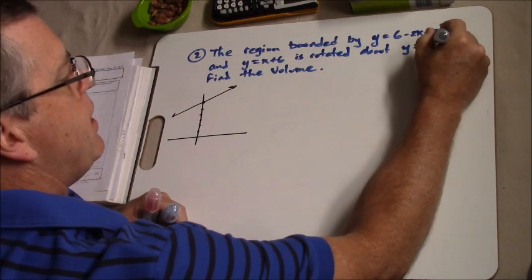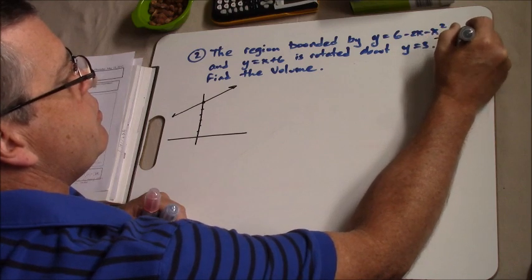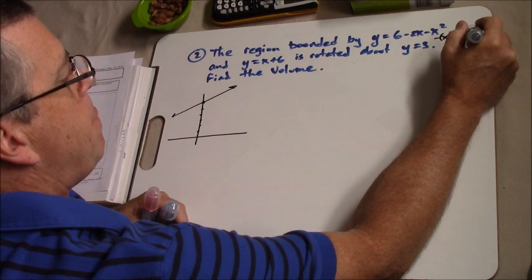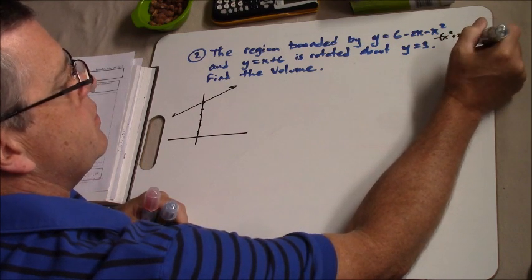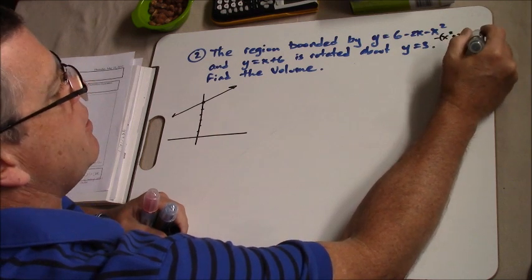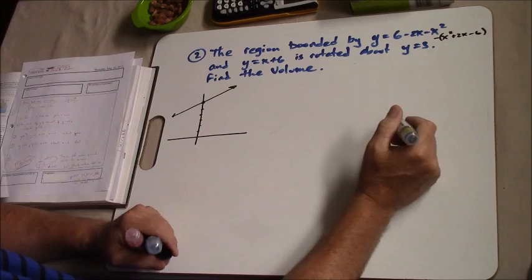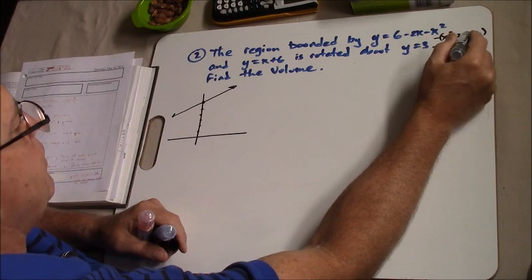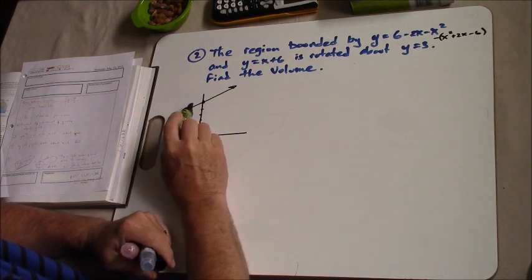So I'm going to factor out a negative sign and then just see if I can factor this and see where it crosses the x-axis. Minus 6. So no, I can't factor this to see where it crosses the x-axis. But I do see, if I plug in a 0, I get the negative of a negative 6. That means it's going to hit this point right here on the origin.